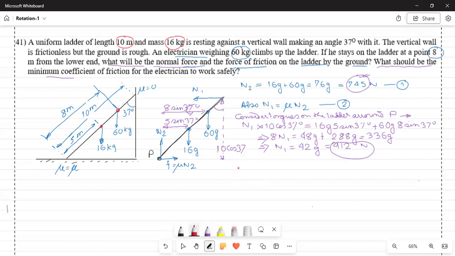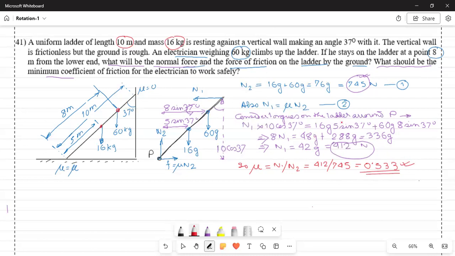So therefore mu is equal to, from this equation 2, mu is equal to N1 by N2. N1 is 412, N2 is 745, N1 by N2, mu becomes 0.533. This is the value of mu. So we know the value of the frictional coefficient mu which is required.